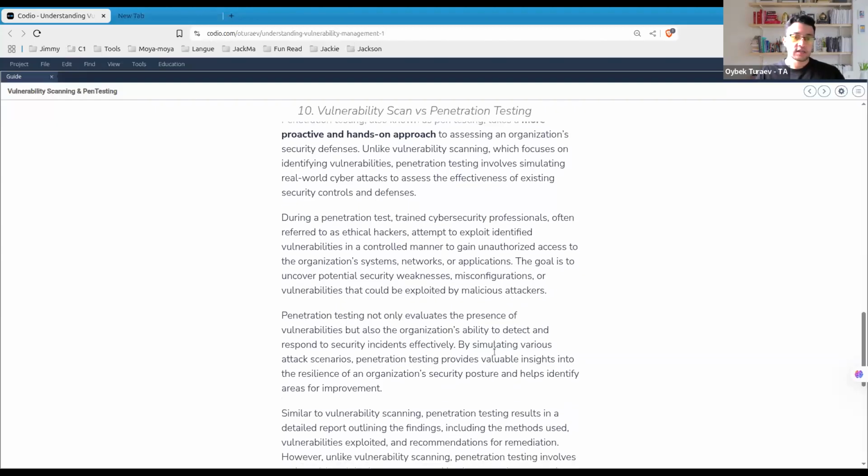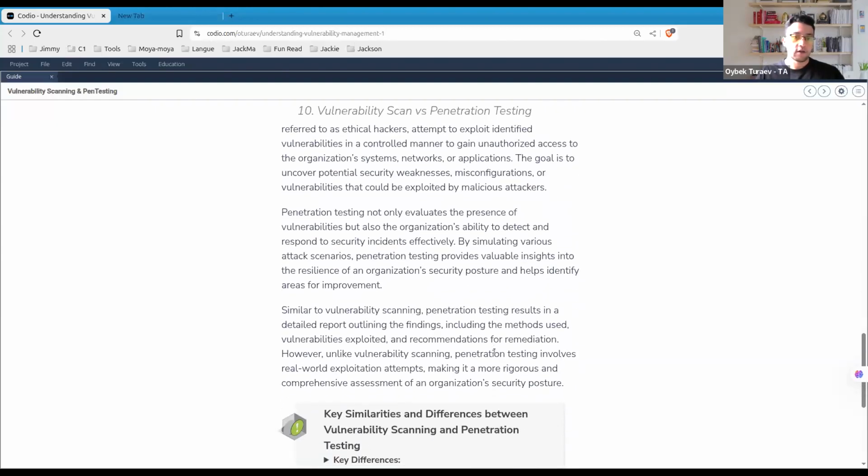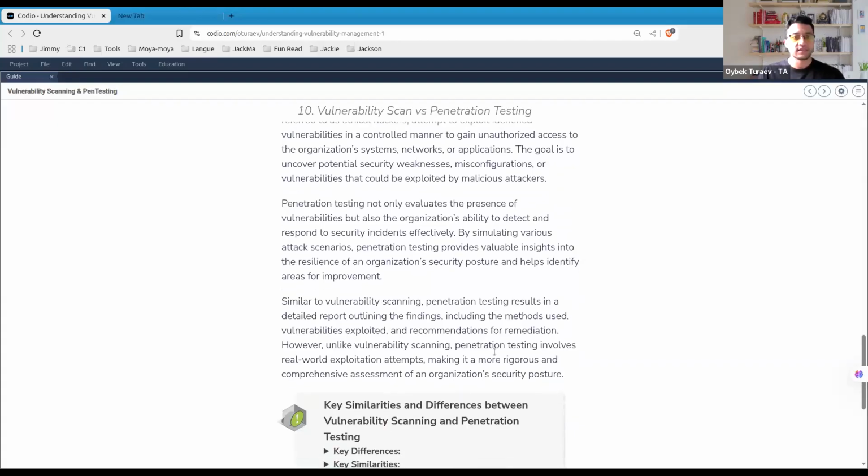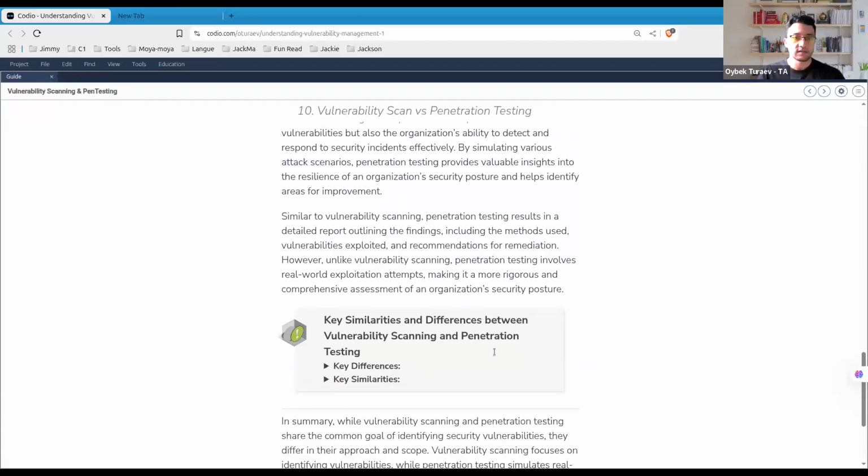Penetration testing evaluates the presence of vulnerabilities and the organization's ability to detect and respond to security incidents effectively. Why most companies hire penetration testers is that we have job roles as a penetration tester.